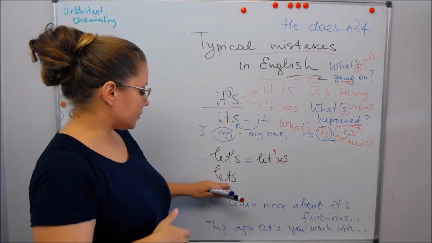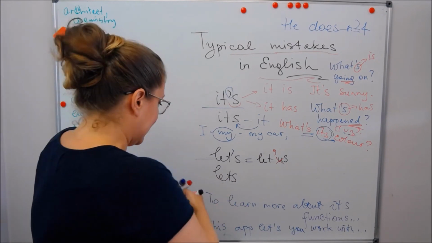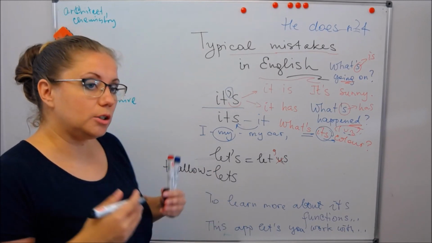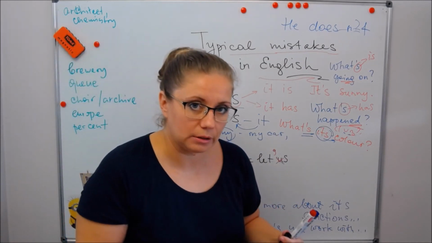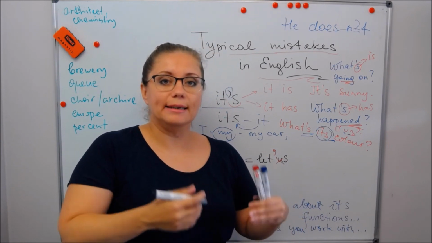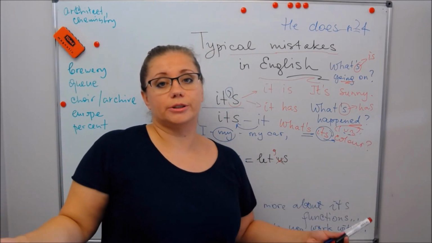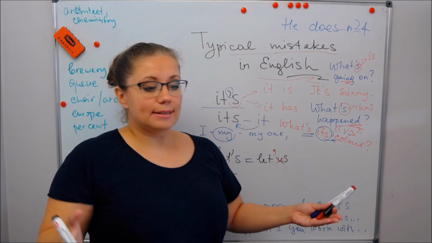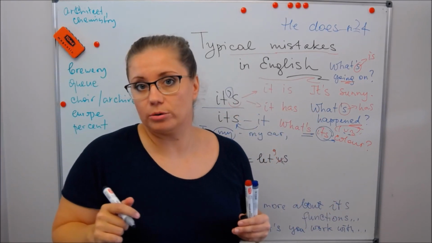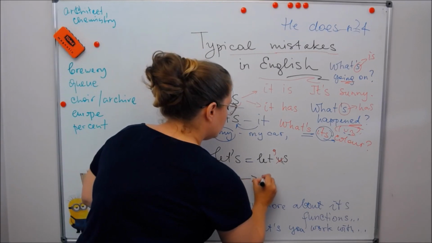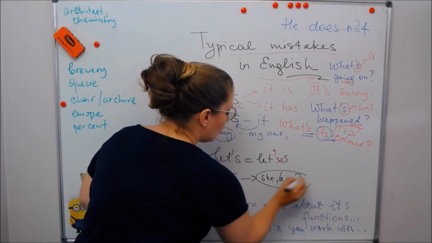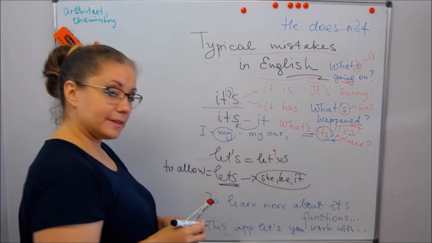But also, for example, the verb let, to allow, when you use it in present simple, you add s in the third person. He lets us play in his garden. She lets us get together in her house, and so on. It will be he, she, it, the form of the verb in present simple.